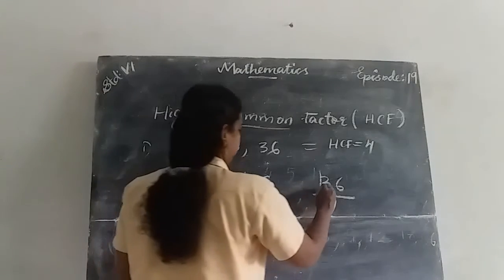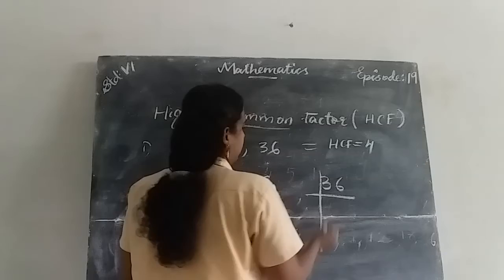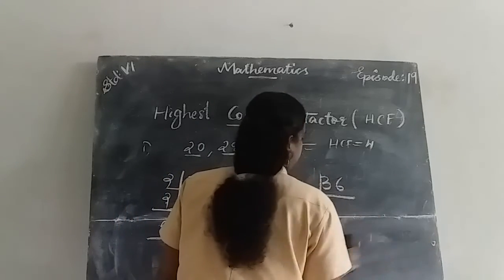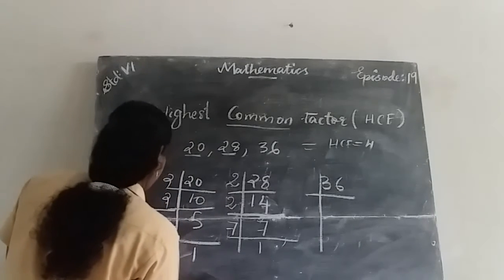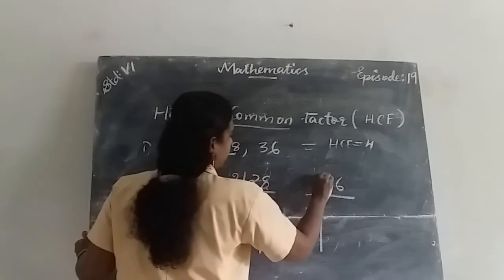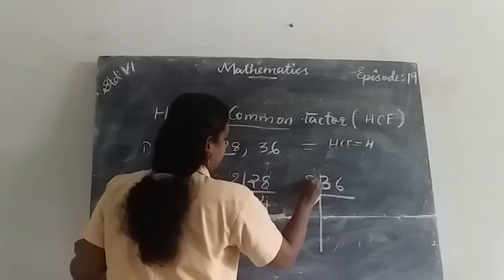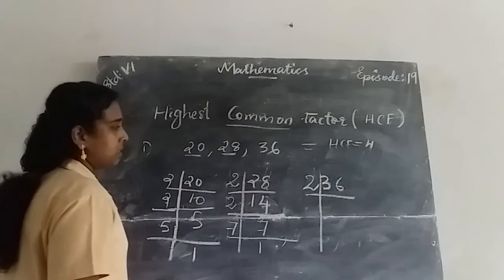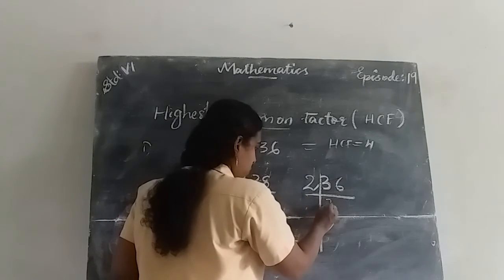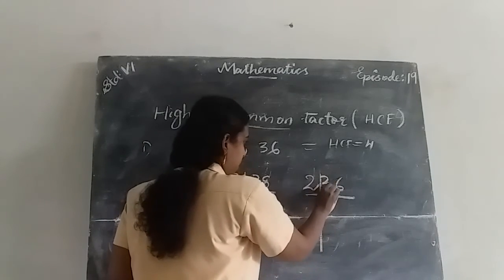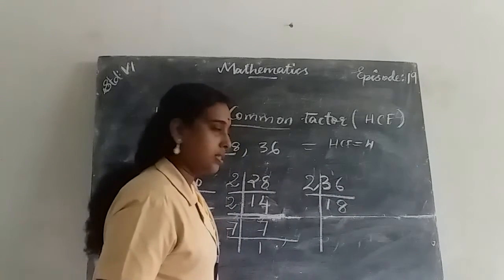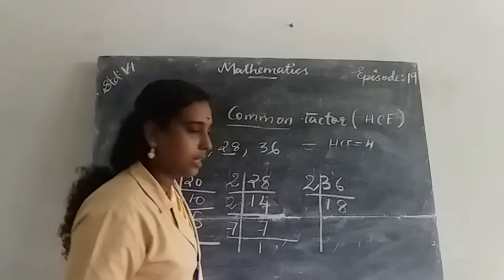Here 36 is an even number. So we divide 36 by the least prime number 2, then how many 2s are 36? Here 1 2 is 2, then 3 minus 2 we get 1, 16. 8 2s are 16. 18 into 2 we get 36.